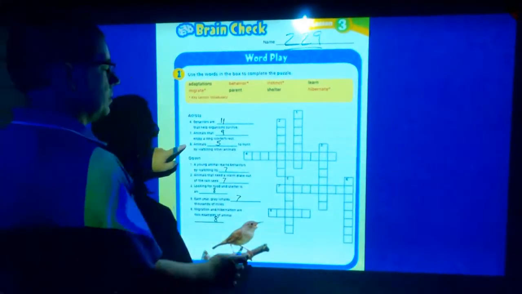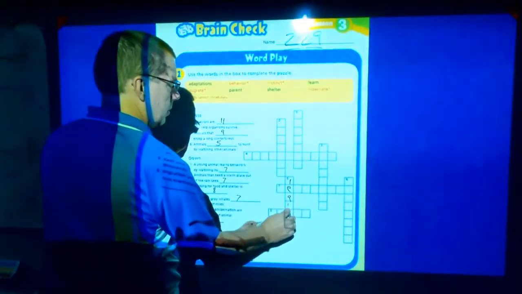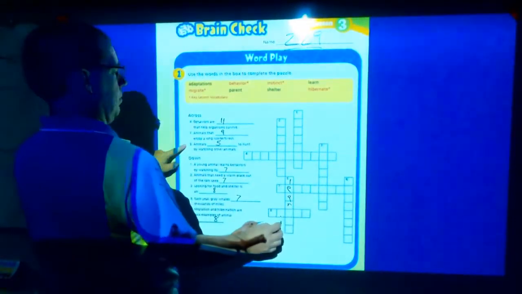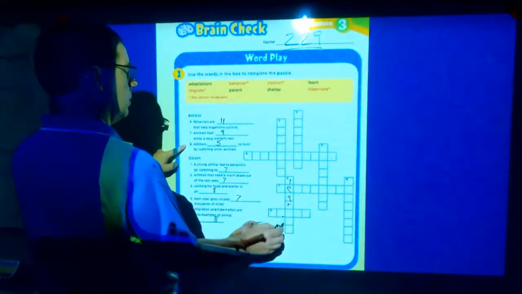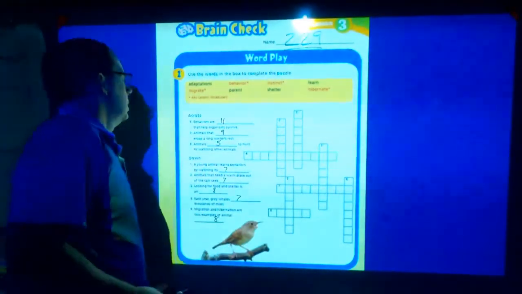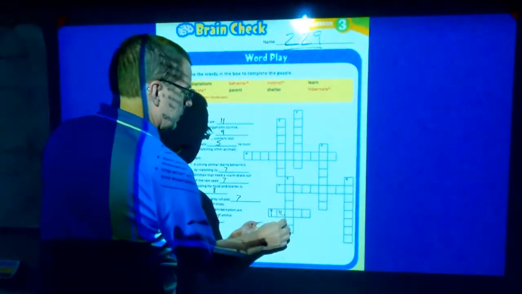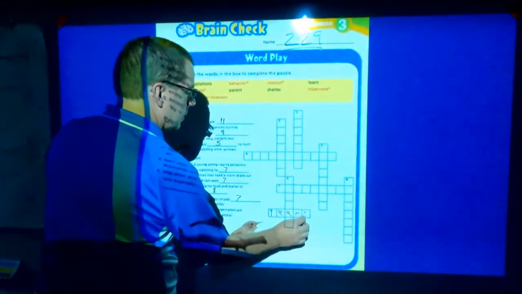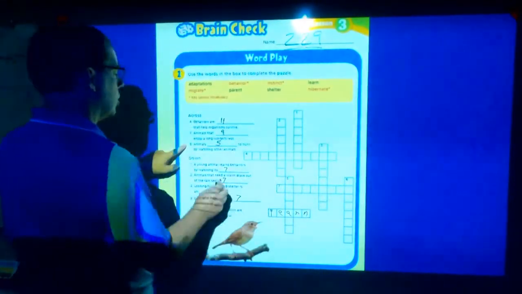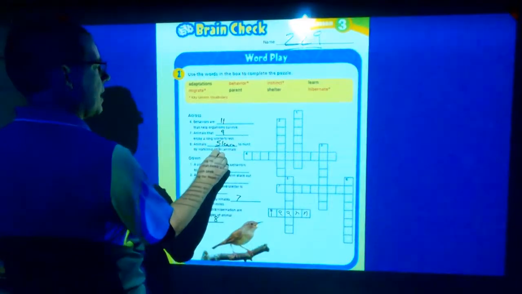So I'm going to do this one here, it is learn. I'm in the wrong spot. Hang on. These are across. Got in the wrong spot. So learn would go there, because that's the only 5-letter word up there.